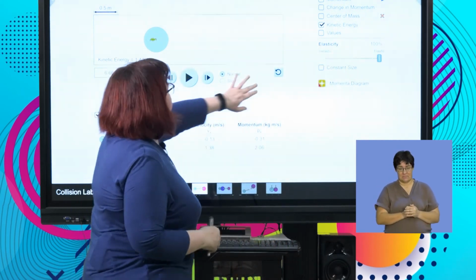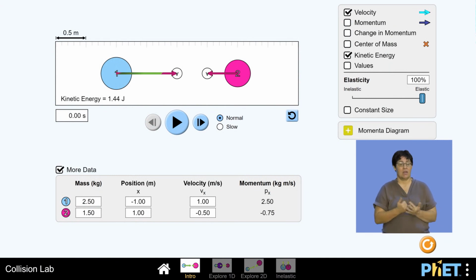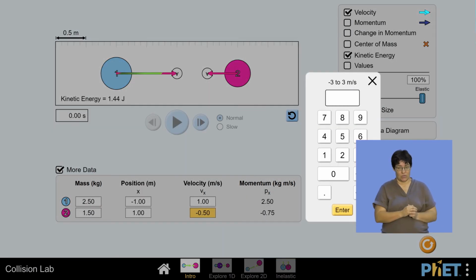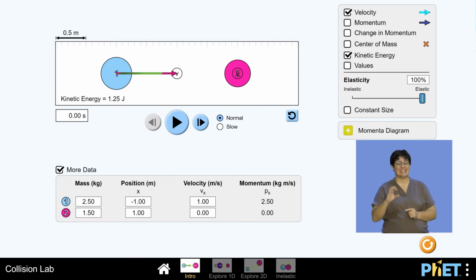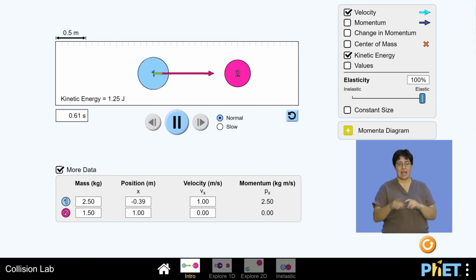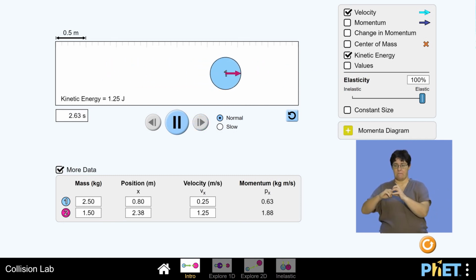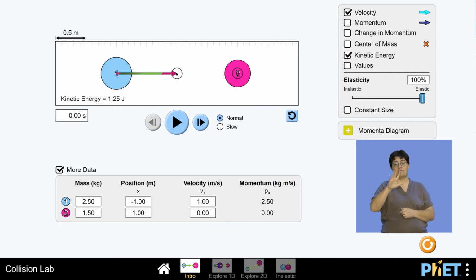Let's look at what happens. Let's make the initial velocity of this object 0. In other words, now we're going to see still an elastic collision, and watch what happens. Total is still 1,25. Did you see that? Look at the total. It's 1,25. All the kinetic energy in the system is coming from number 1.